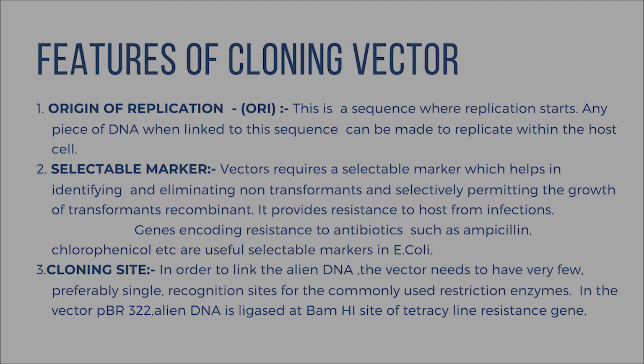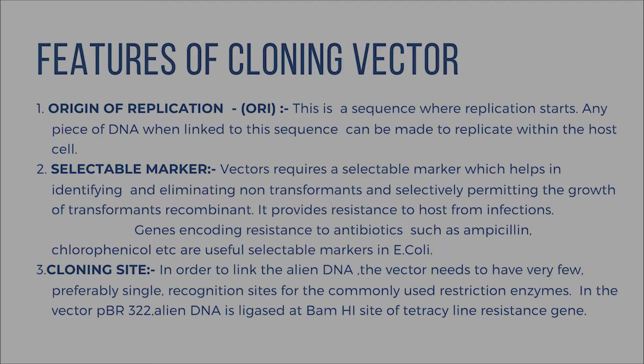The second feature of the cloning vector is that it should have a selectable marker. Vectors require a selectable marker, which helps in identifying and eliminating non-transformants and selectively permitting the growth of the transformants, the recombinants. When we have this foreign DNA, whether it will replicate or not: if it replicates, it is called a transformant.